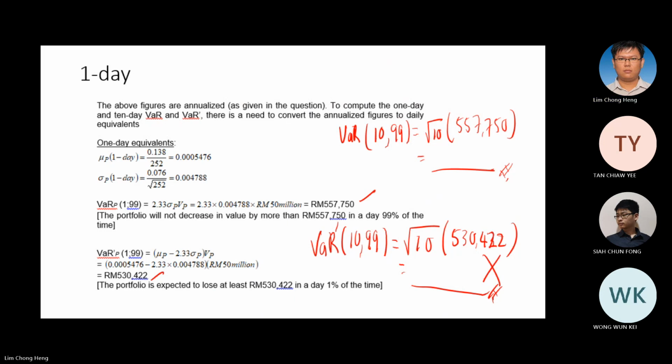Okay, why? Because the absolute VAR is using the mean minus alpha, sigma, and multiply with the value. And the mean here, the mean is the return. Return is not the risk.